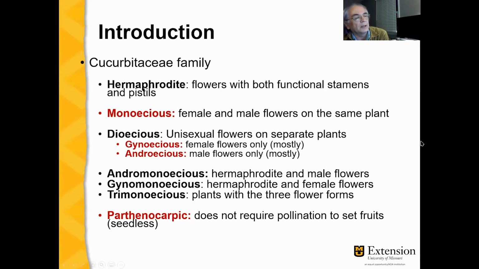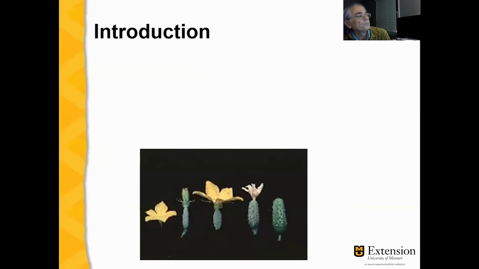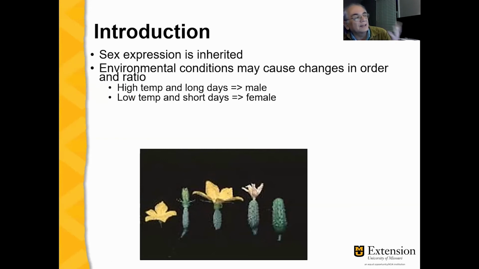So understanding these concepts a little bit is good, and we're going to go through them a little later. So what affects the sex expression, which is genetically inherited? They express the sex because they have the inherited genetics, but it is also conditioned by environmental cues.